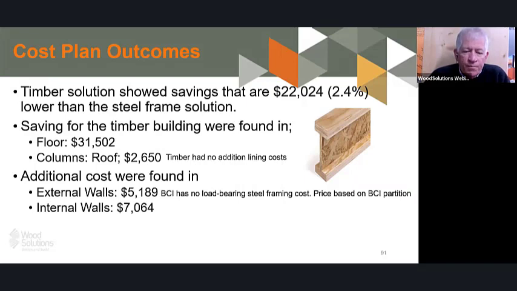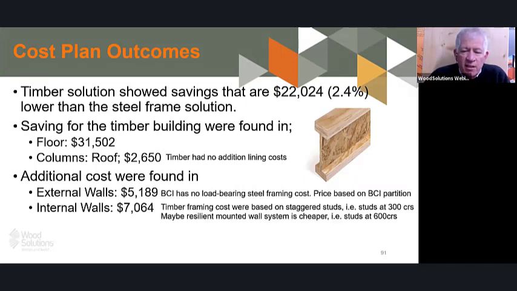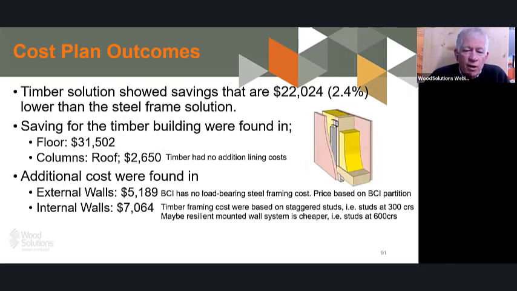And for the internal walls for the timber option, we found that they were using staggered stud, in fact with studs at 300 centres and some more material. So maybe a resilient mounted wall system, at 600 centres, could be a cheaper option for the timber one. In addition, there wasn't actually a staggered stud price within the cost index.